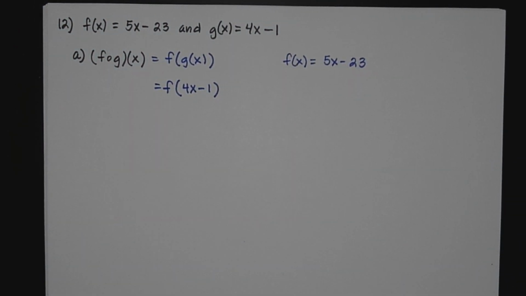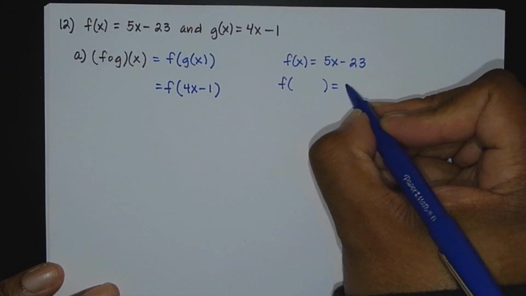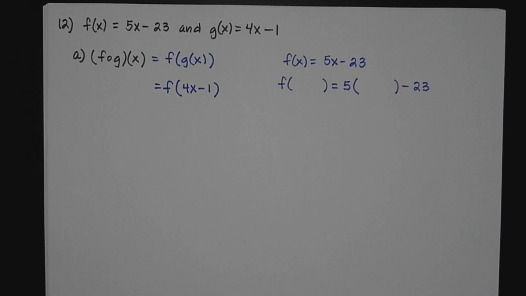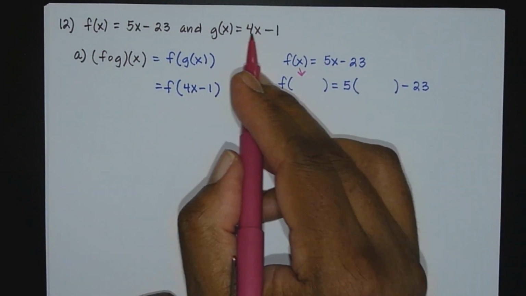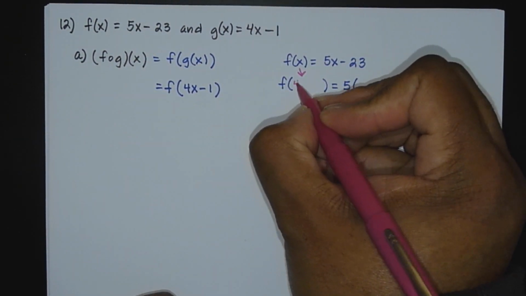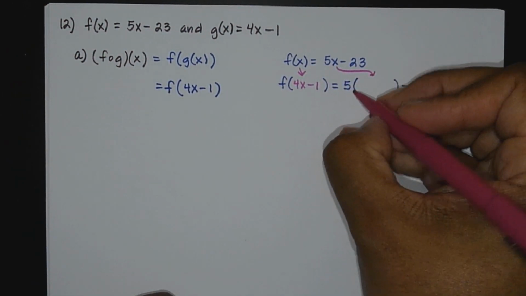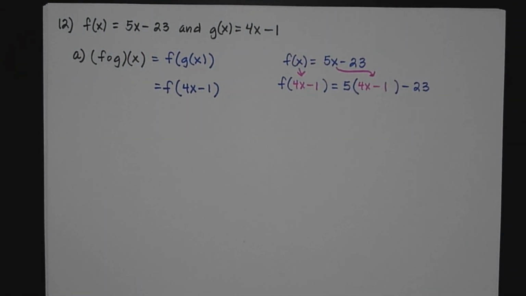So for every x in f of x, I'm going to substitute what g of x is equal to. That x will be substituted with 4x minus 1, because that's what g of x is. So I have 5 times the quantity 4x minus 1, and then minus 23.